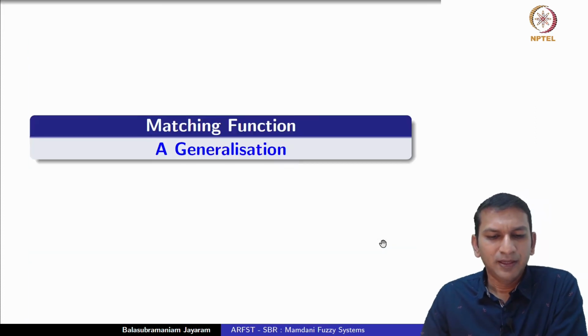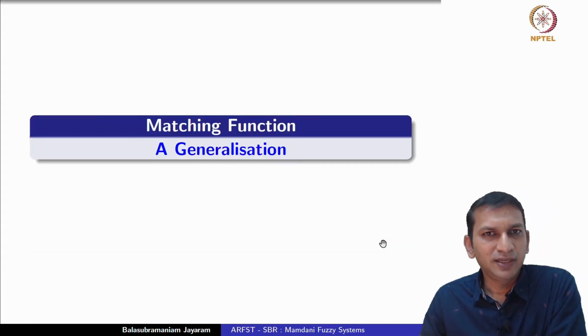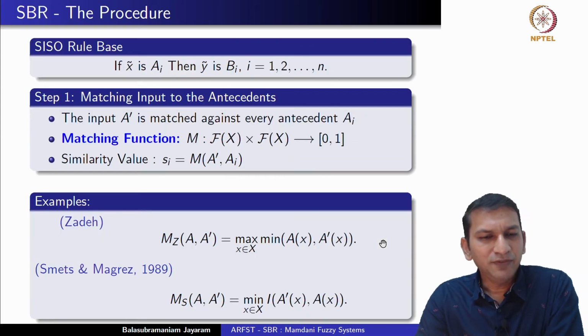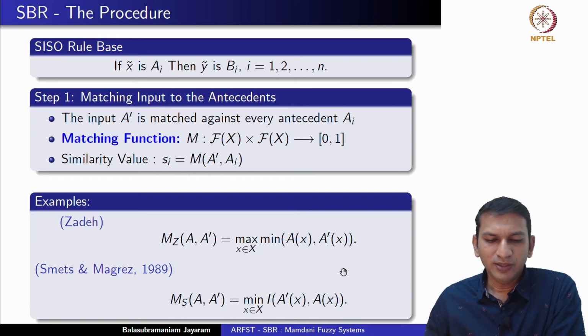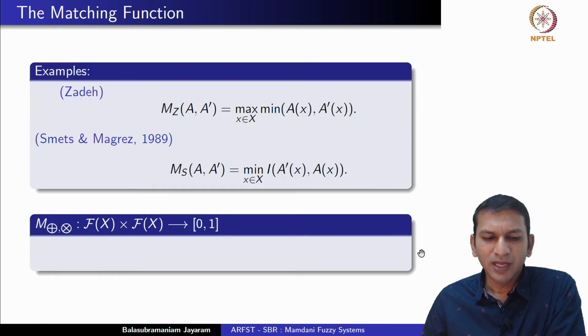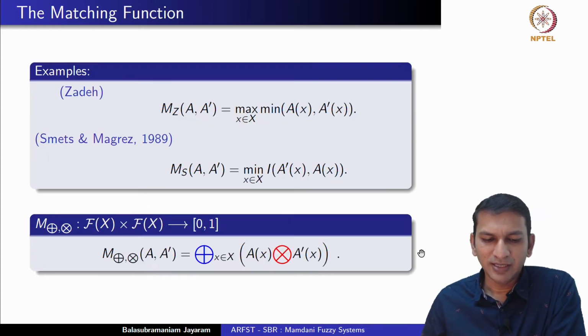Well, let's look at matching function a little deeper. Matching function essentially is a function from F of X cross F of X to 0, 1. Now look at these two examples. These are some of the often used matching functions. If you look at them closely, what you have here is actually a function outside and a function inside.